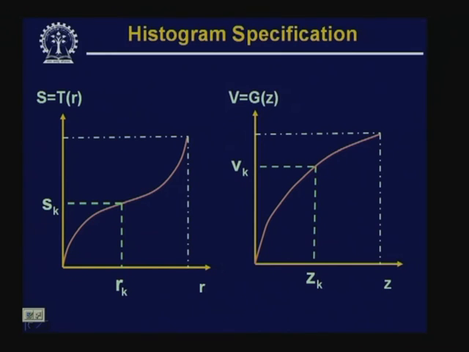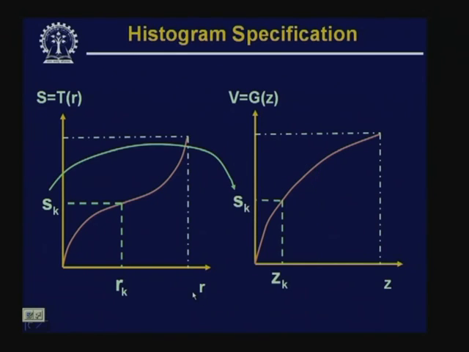Given an r_k, I can find out the value of s_k, and given a z_k, I can find out the corresponding value of v_k. But the problem is z_k is unknown. This is what we have to find out using the inverse transform G inverse.